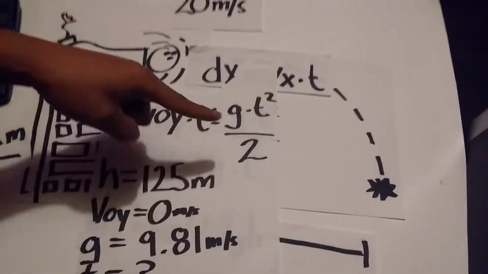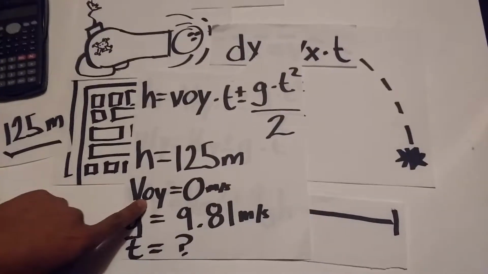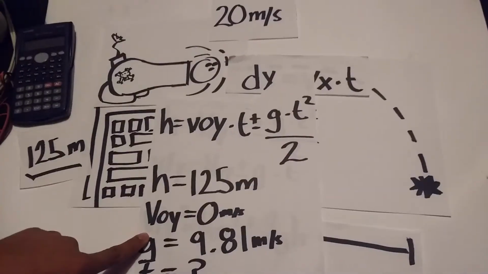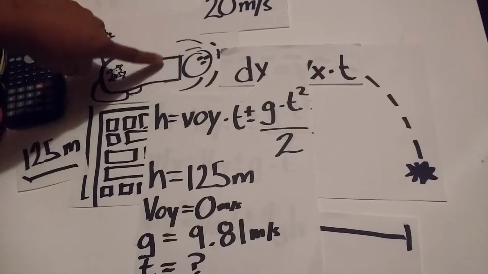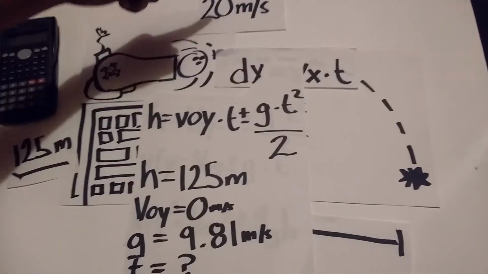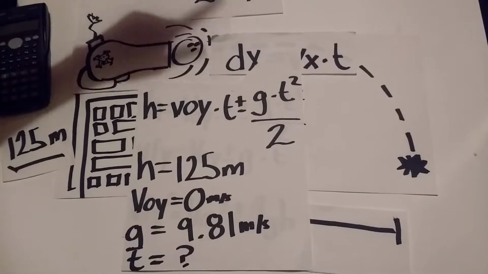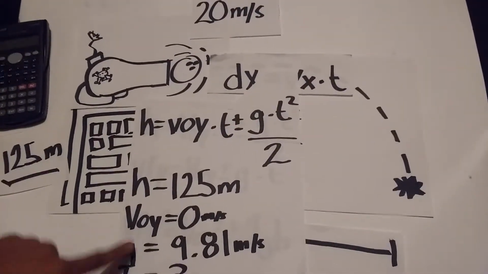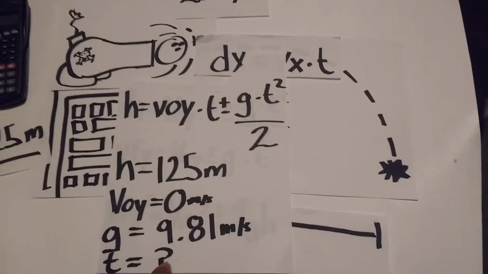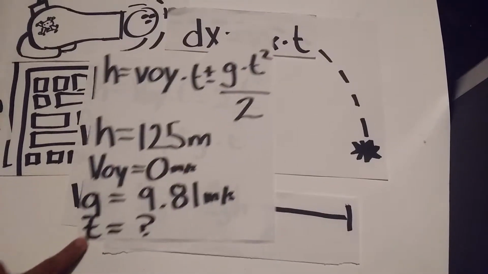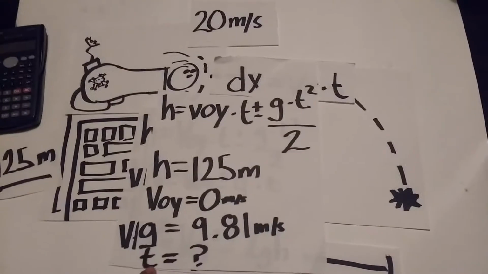If it's horizontal, the initial velocity in y is always 0. In other cases they are vertical, but this is not the case. Gravity we're going to use 9.81 meters per second squared, and the only unknown is the time.